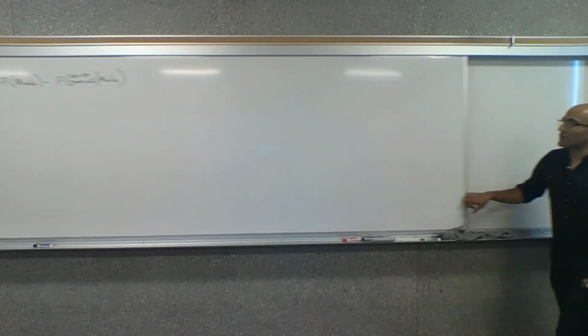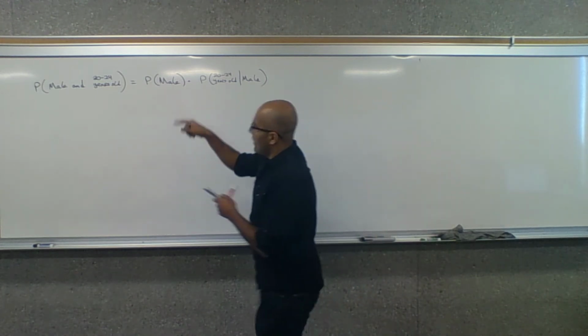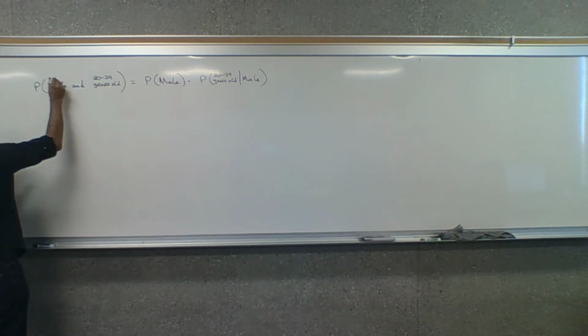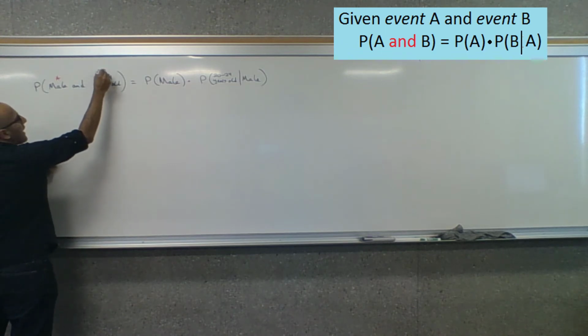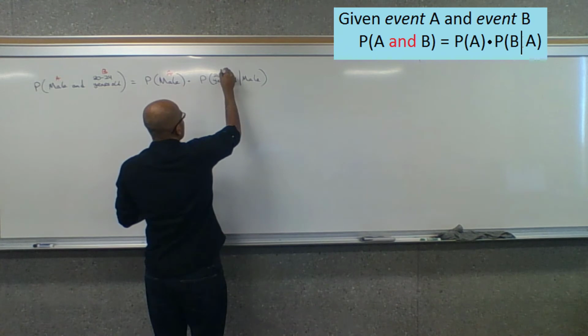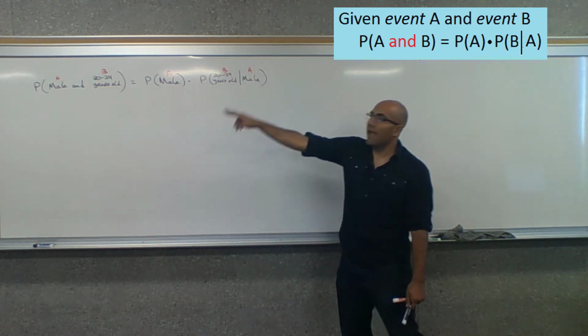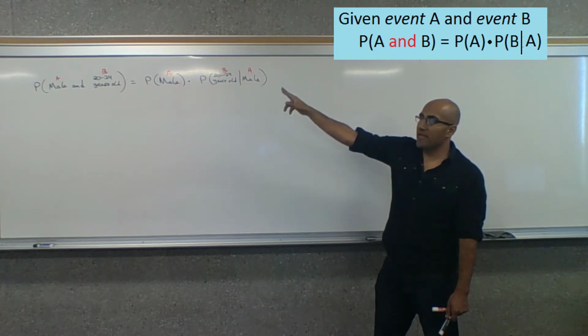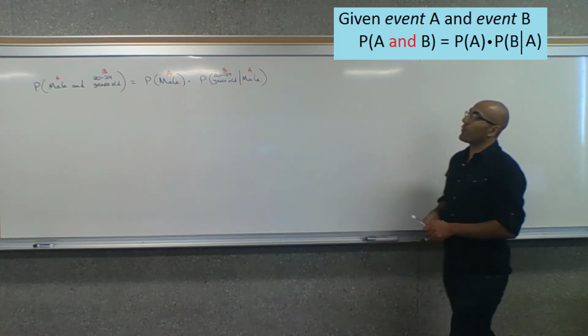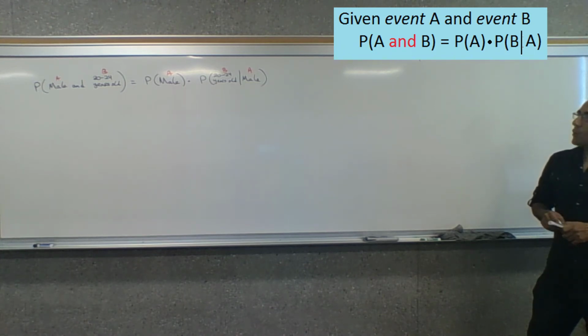Let's assign the letters. So this can be considered as our A, this can be considered as our B, this is an A, this is the B given the A. All right. Probability of A, the male, and B, where B is the 20 to 24 years old, is equal to the probability of A times the probability of B given A, or using the language of this particular word problem, we get that.